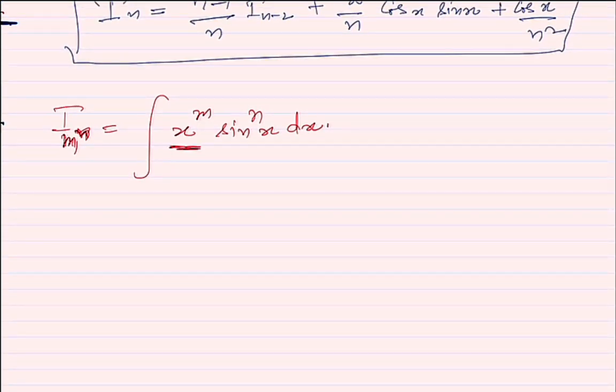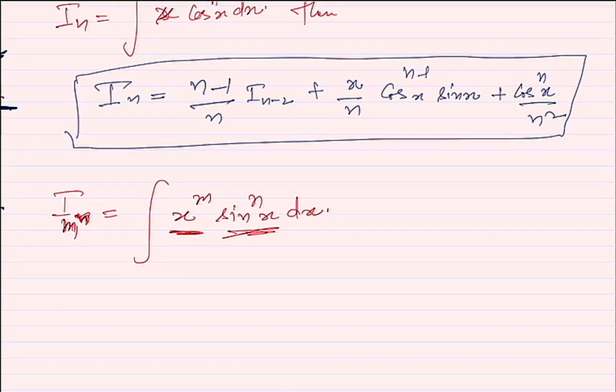Then just take x raised to power m as a first function and this as a second function. Wait, not this one, there is a change here. It is sin nx, okay, sin nx, not power here but sin nx. Power is x raised to power m, okay. Now what will you do? This will be our first function, this will be second function.